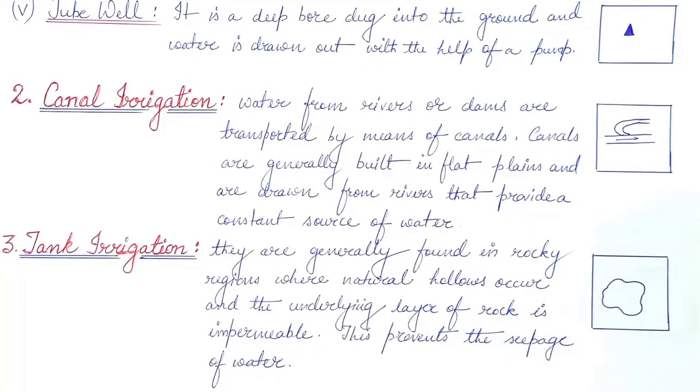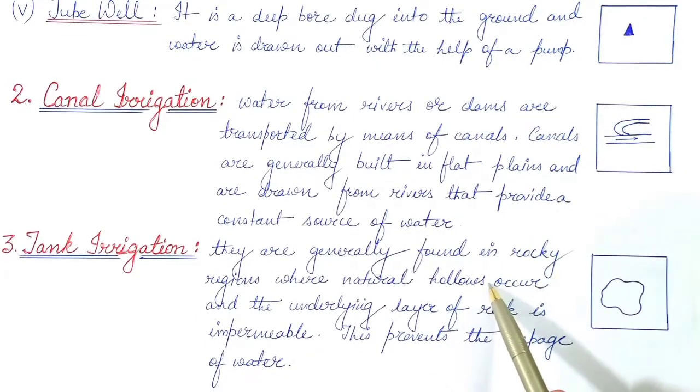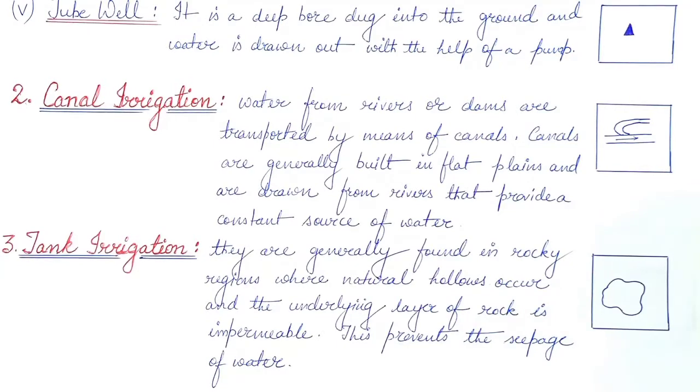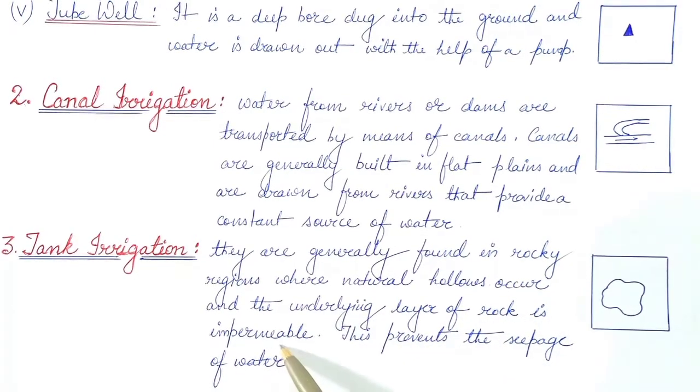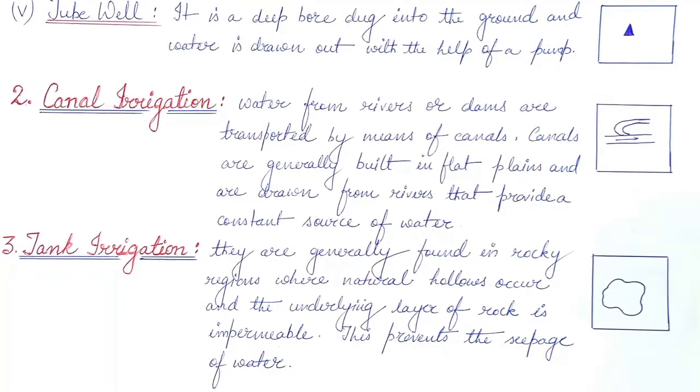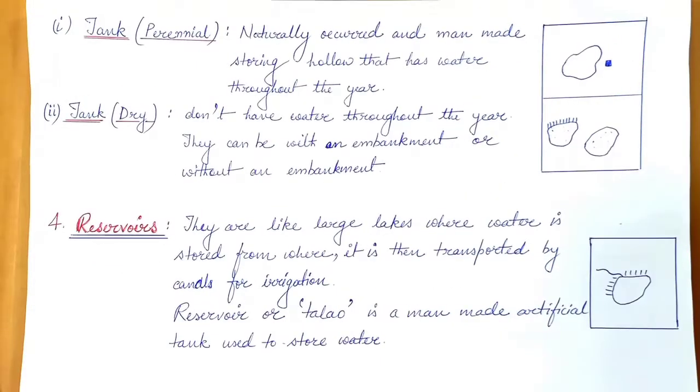These hollows are formed especially in rocky areas, and the underlying layer of rock is impermeable. It is compulsory for the base of a tank to be impermeable to prevent the seepage of water. Only then will this structure be able to store water for the dry season.